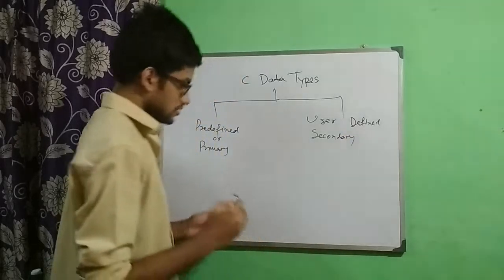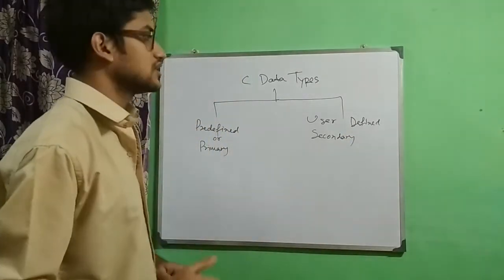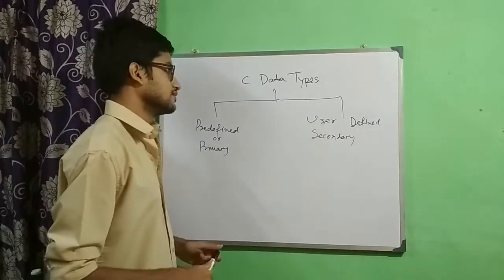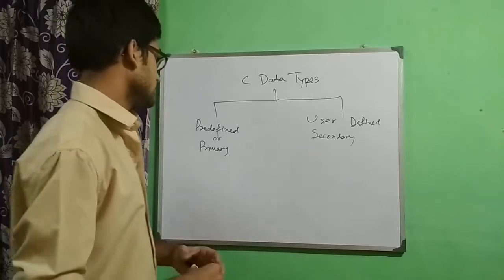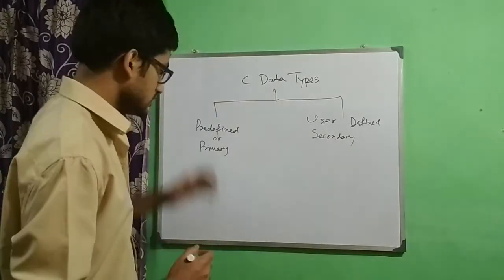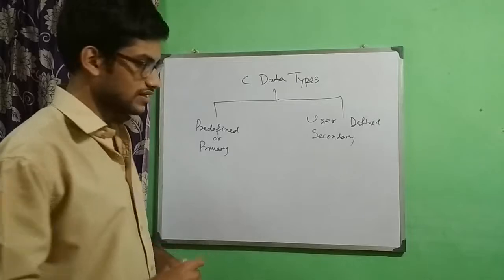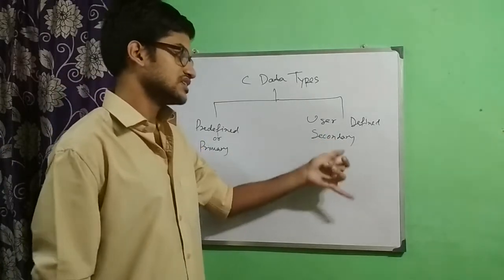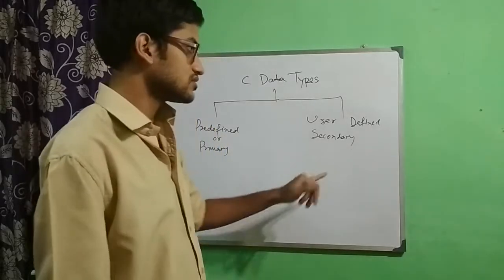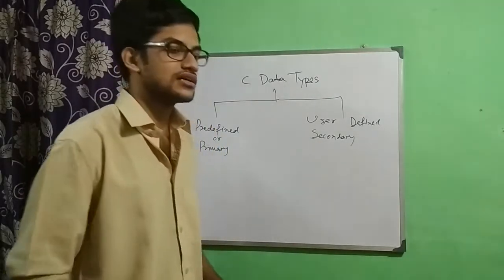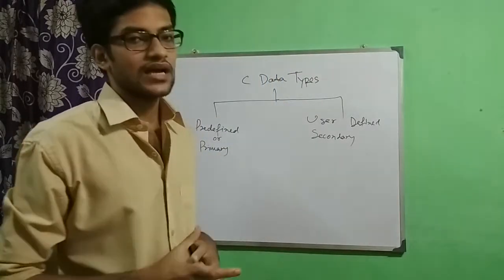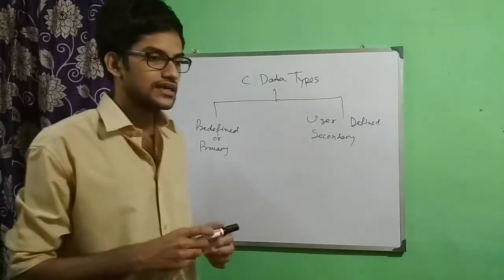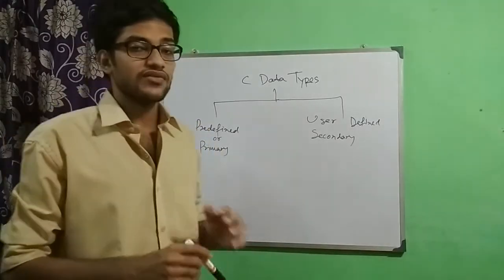So the C programming language supports two kinds of data types. The first one is the predefined or primary. These are the data types which are already included in the language itself. There are also a few types of user defined data types, but the actual data type is not known; that will be declared or defined by the user in real time.